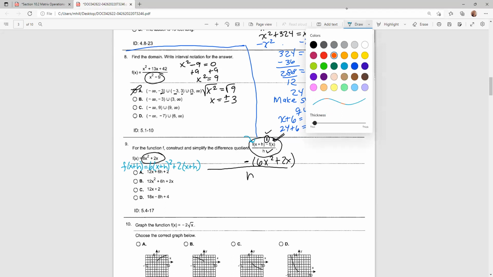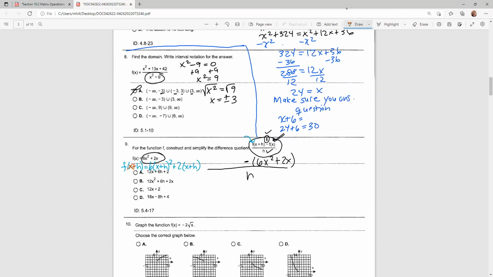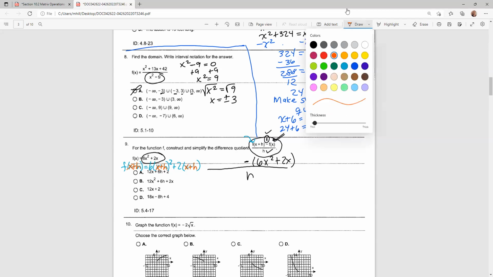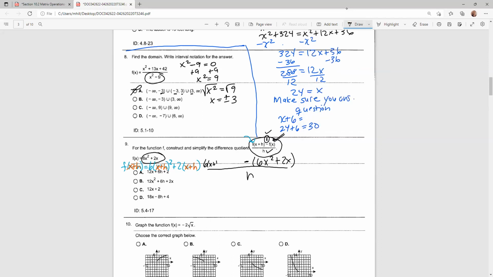That's the only thing we've changed. If this is f of x plus h, wherever we see an x, we're going to put a big blank, and we're going to put x plus h in that big blank. And that's what goes right here in the front. So 6 times x plus h squared plus 2 times x plus h.